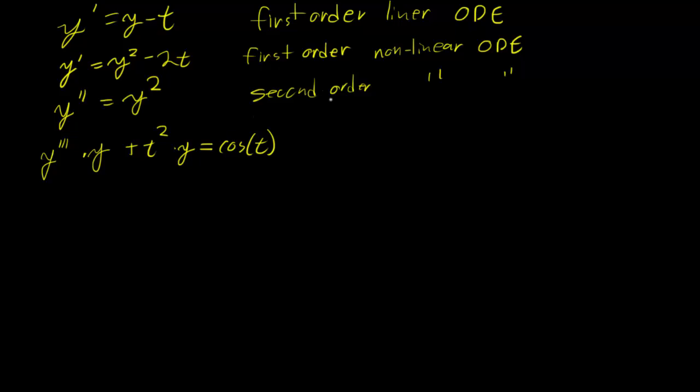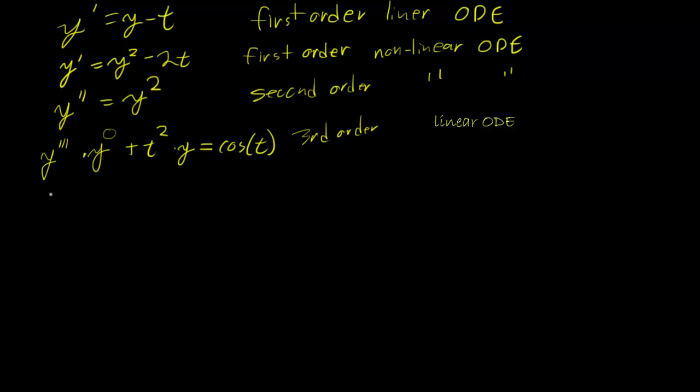And this is still linear because the degree of y is still 1. It is third order because the order of the largest derivative is 3, and it's linear because the degree of y is 1. And you'll also note that the degree of t, which is 2, doesn't matter.